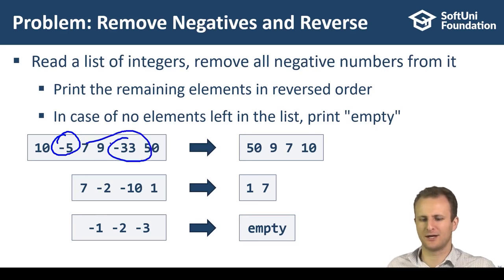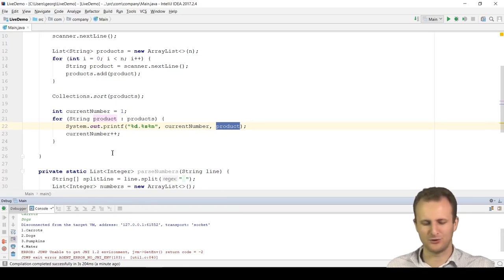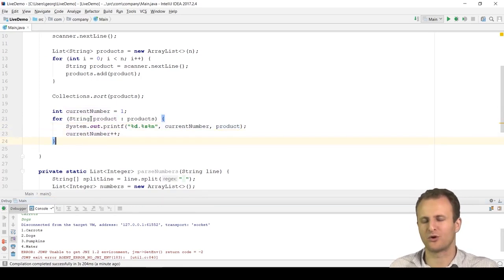Now, how would we do that? Well, we already had a similar task where we had to remove items. Now, since we're removing items, and since we'll be playing around with indexes, again, I will be using the while loop, not the for loop, because using the while loop gives me more control over the index which I'm accessing.